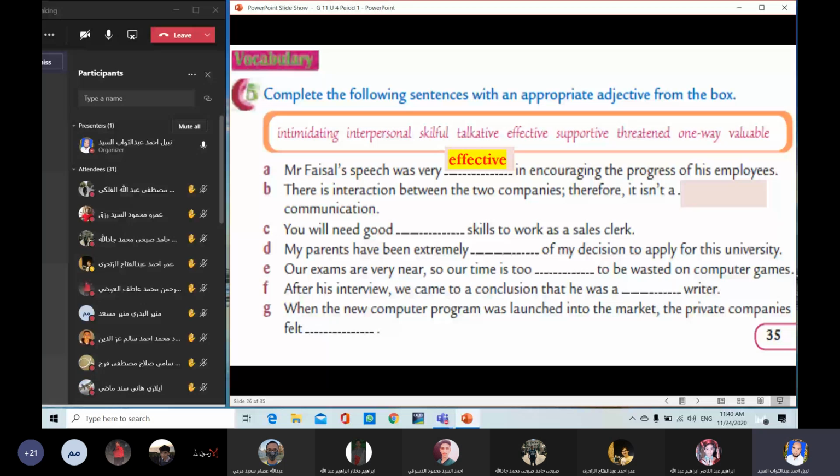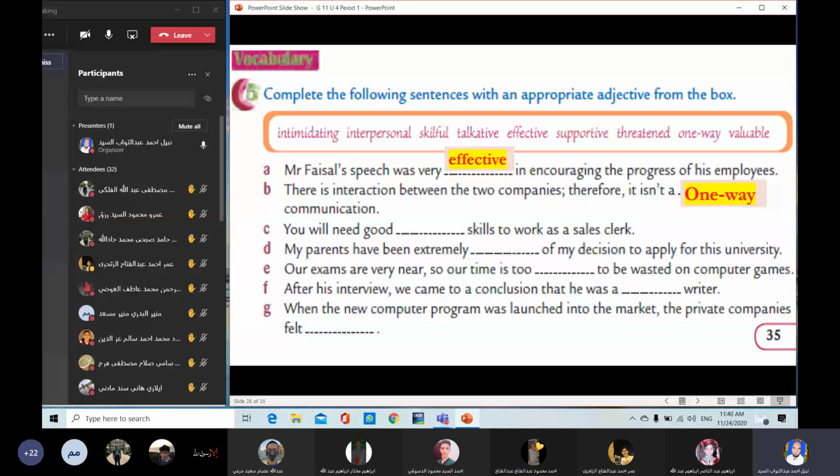There is interaction between the two companies.